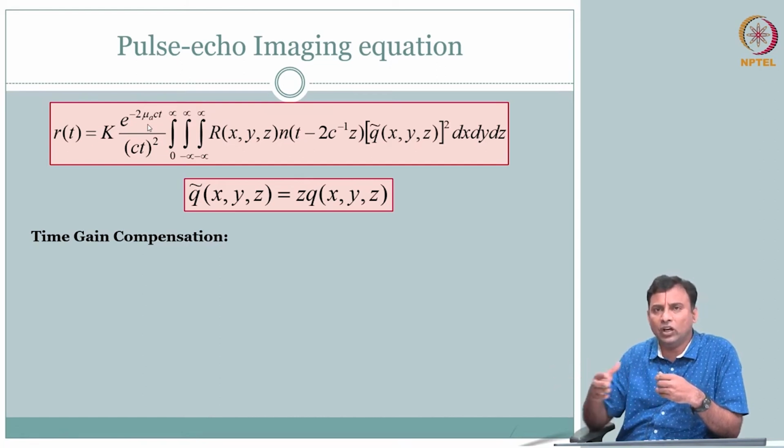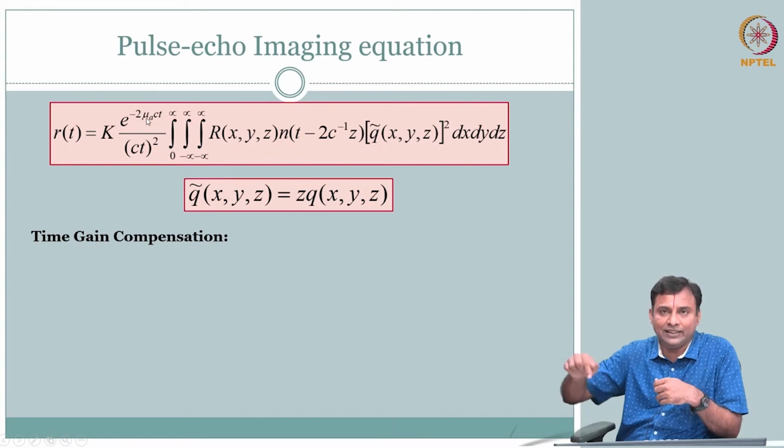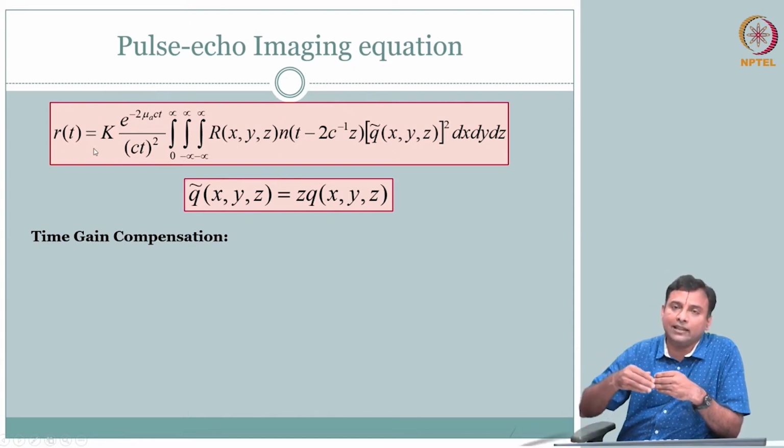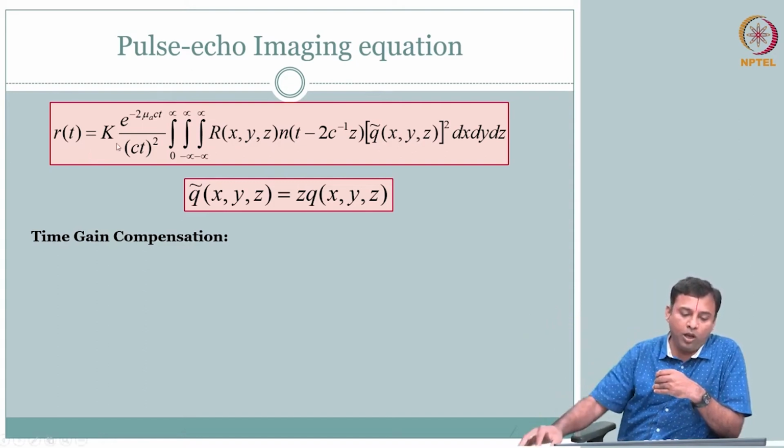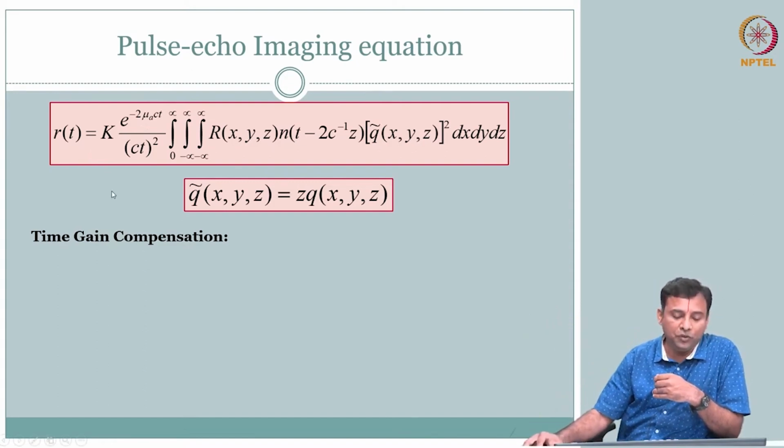So this is all talking about the amplitude correction factors, and this is decaying with time. We know the signal that is coming from further time is going to be smaller because it is decayed, and so you can give a compensation gain.